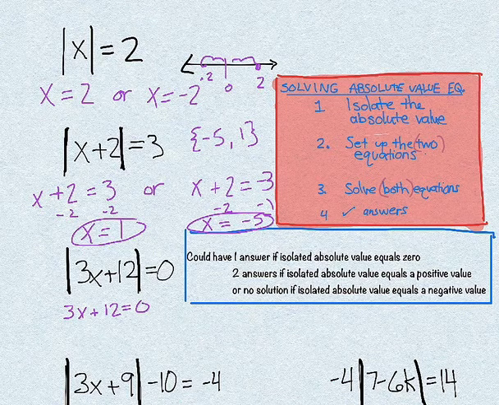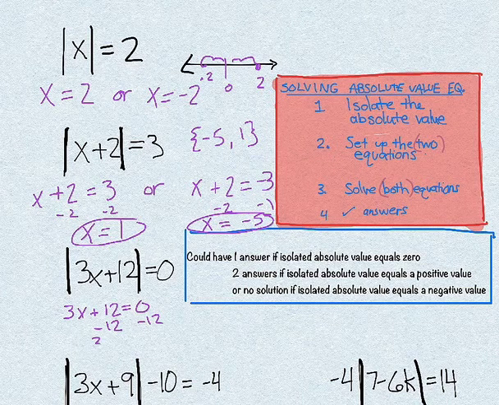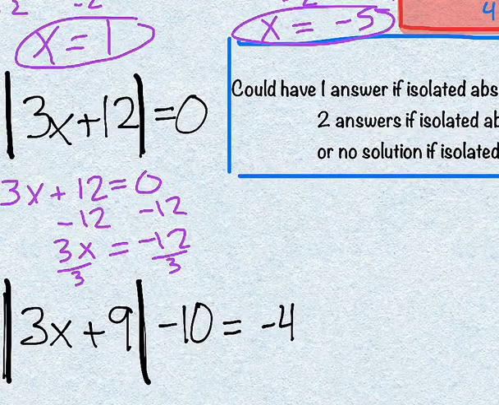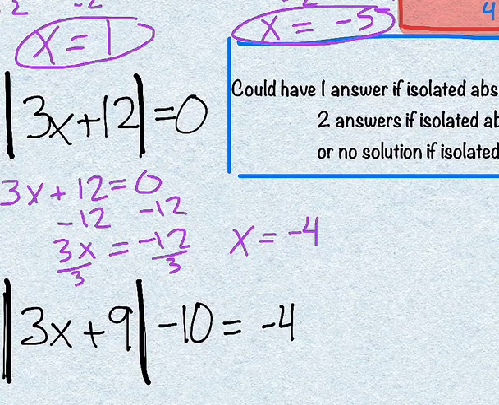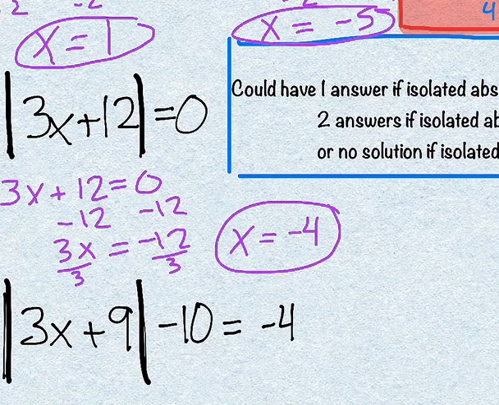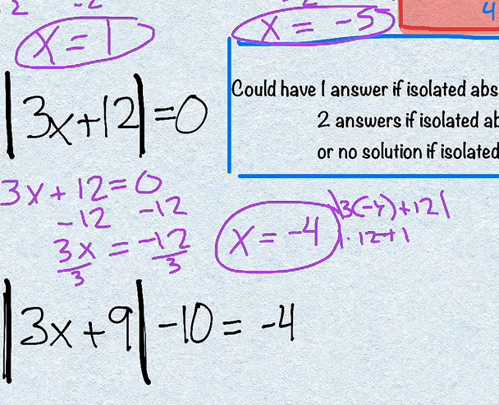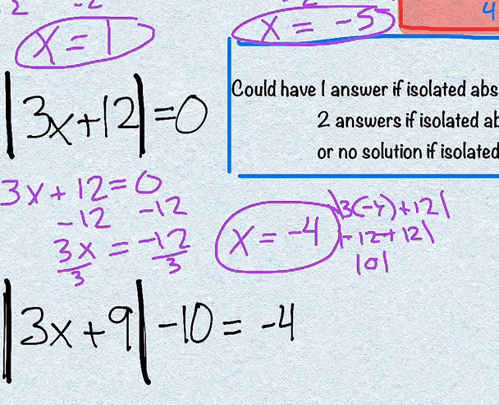So I only have one equation, which we're going to solve by subtracting the 12 and dividing by the 3 to get x equals -4. We're going to double check that: 3 times -4 plus 12 is -12 plus 12, which is 0. So it definitely works.